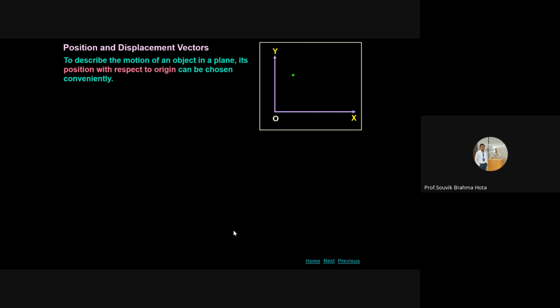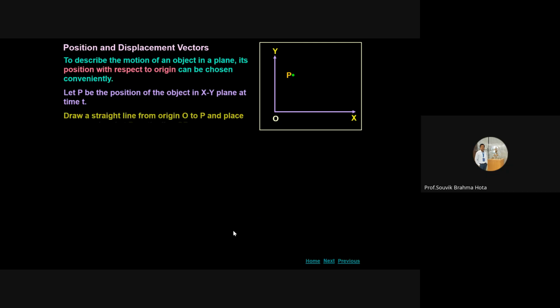Now, if this is a point P, the position of point P of the object in the xy plane at time t, for that you first join O and P. You will get a line OP, and you have to give the arrowhead towards P, because it denotes the position of the point P, and also its distance from the origin O. Now that is the R vector. R vector is the position vector.